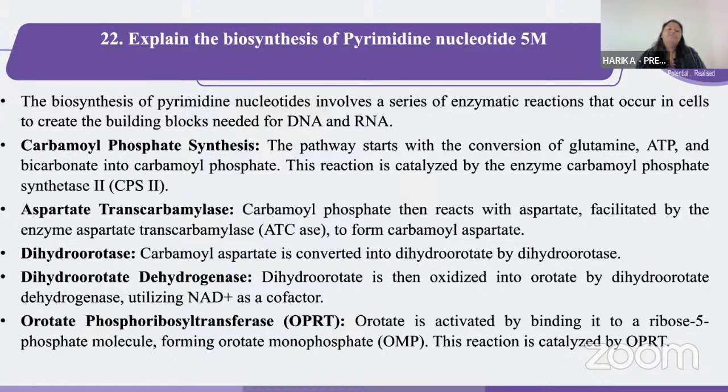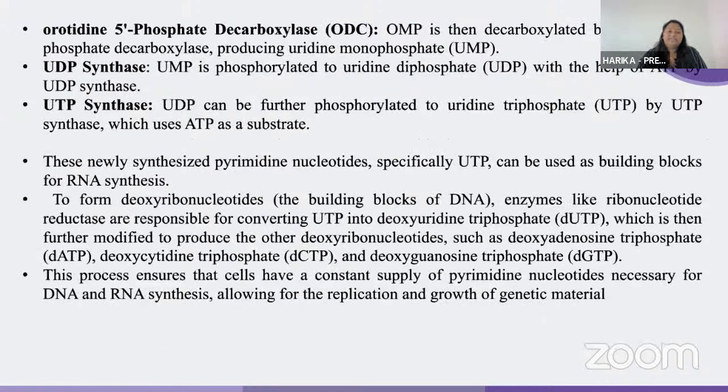Next is orotate phosphoribosyltransferase. The orotate gets activated by binding to a ribose 5-phosphate molecule, forming orotidine monophosphate, and this is catalyzed by orotate phosphoribosyltransferase.